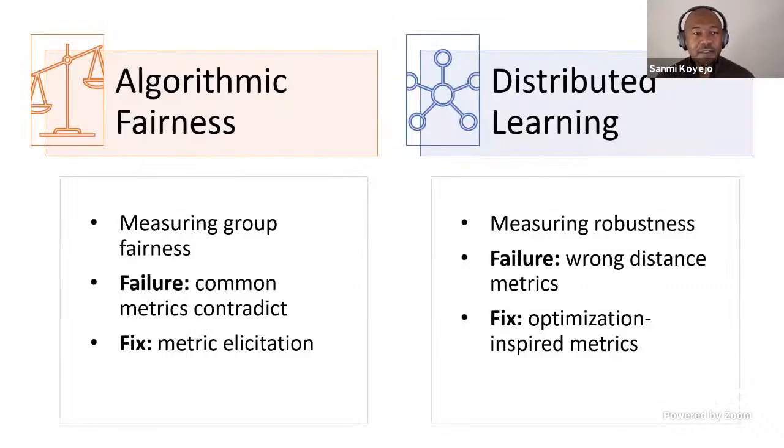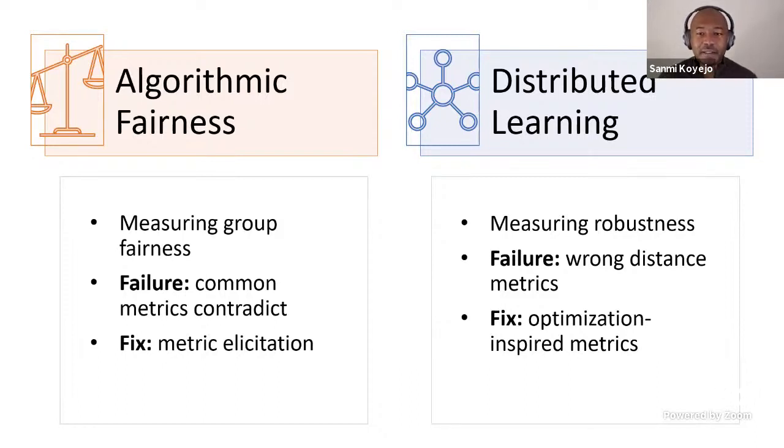So I'll summarize. The key points I talked about today: metrics showing up in two problems. First, I talked about algorithmic fairness problems, where we're interested in group fairness notions. I talked about how various notions of group fairness and model measurement can contradict each other. And I talked about an elicitation method that we are developing actively that is designed to mitigate this by querying stakeholders directly for notions of preference.